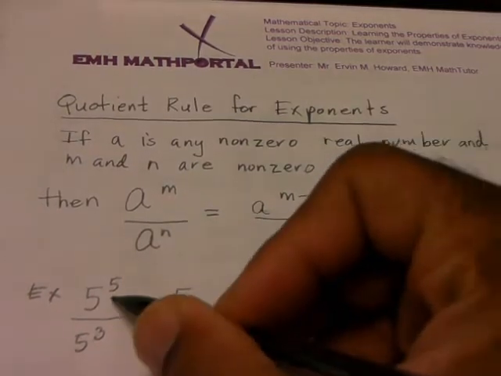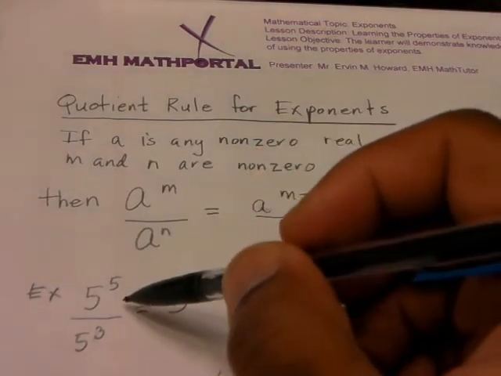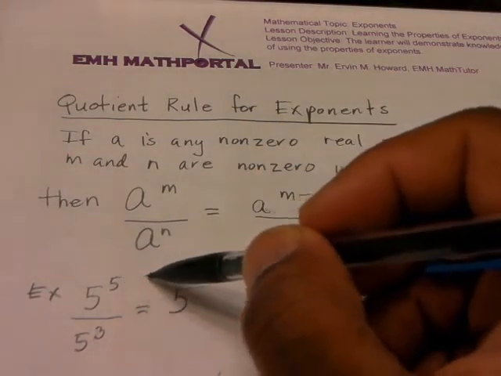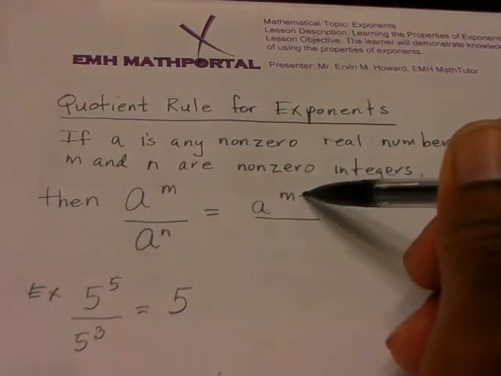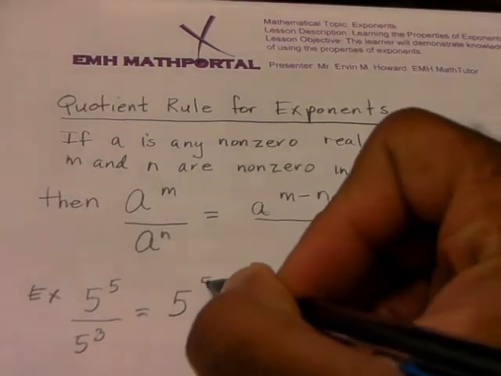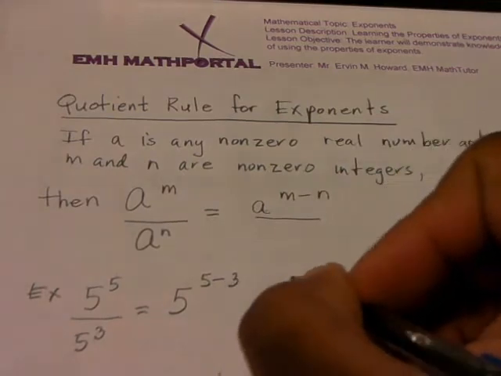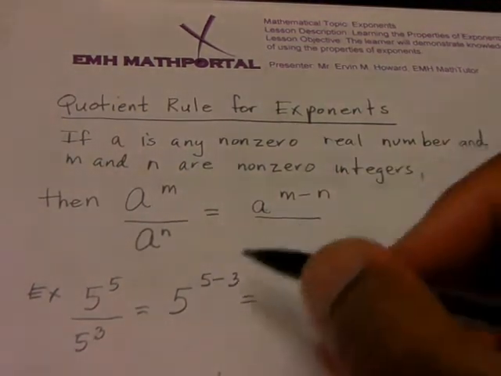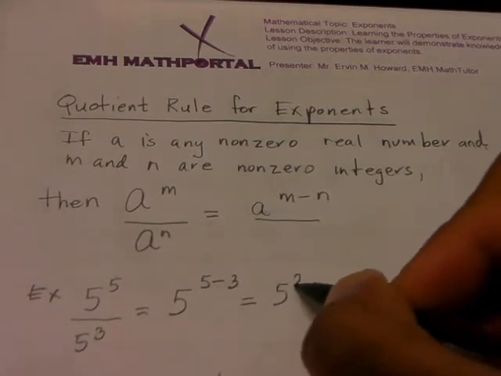We're going to write the 5. It's important that we recognize how the numbers work in sequence, because according to the formula, we're going to use M minus N, and we have to stick with that. So we have 5 raised to the power of 5 minus 3, and then we perform the operation. 5 minus 3 equals 2.